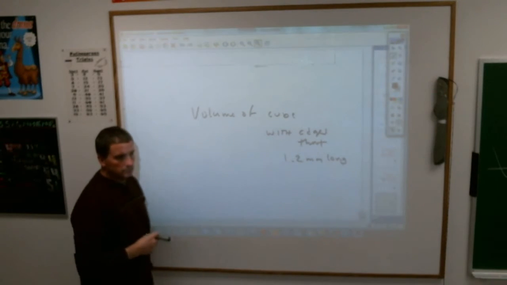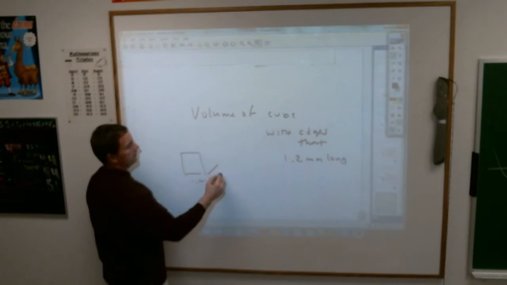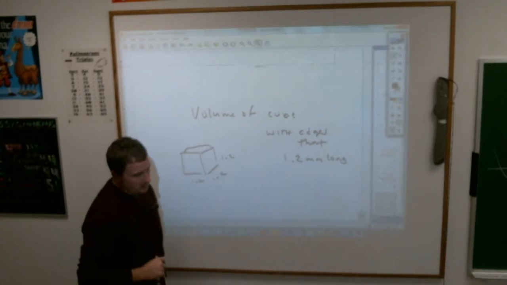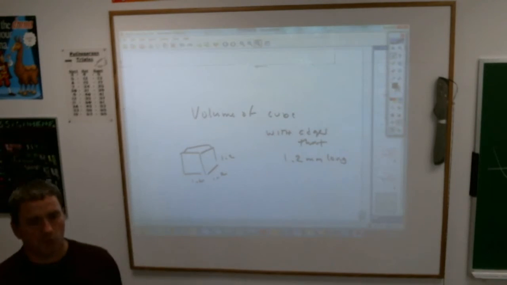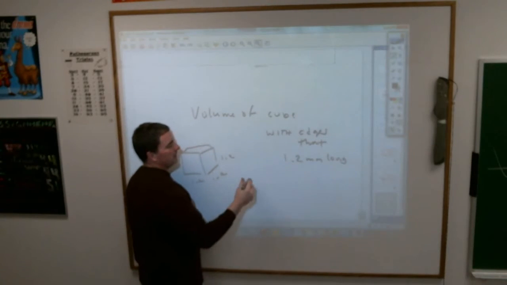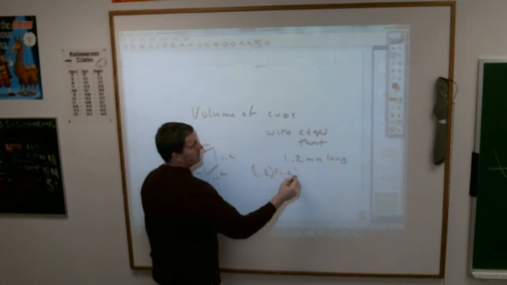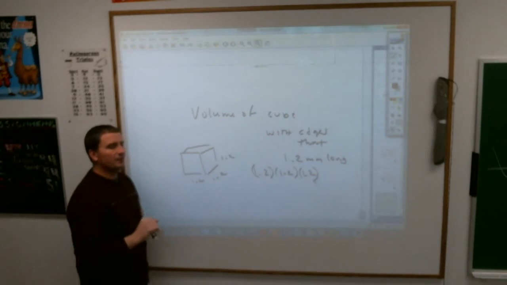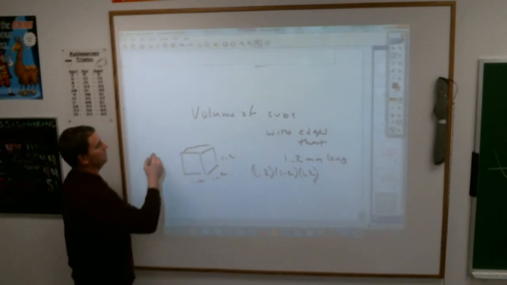First of all, if you draw the cube, this is 1.2 by 1.2 by 1.2. Is 1.2 a measurement? Yes. Could it have been more exact had you had a more exact ruler? Yes. So to find volume, you're going to multiply 1.2 by 1.2 by 1.2, but how many significant digits are you allowed to have in your answer? 2.